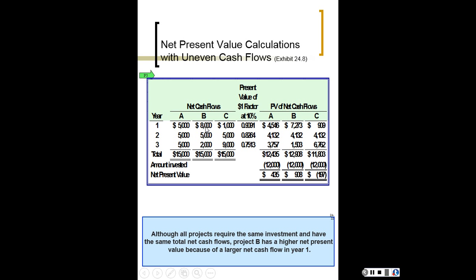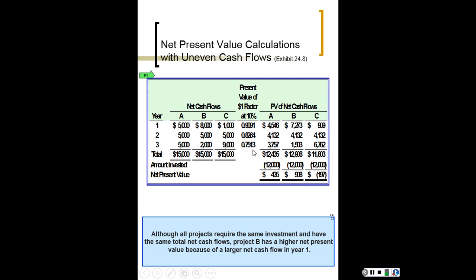Now, Project B, you receive more money in year 1, a little bit less in year 2, and a lot less in year 3. And for Project C, you receive very little in year 1, a little bit more in year 2, and a lot more in year 3. But look at the totals that you receive in all 3 projects. It's exactly the same. Okay?